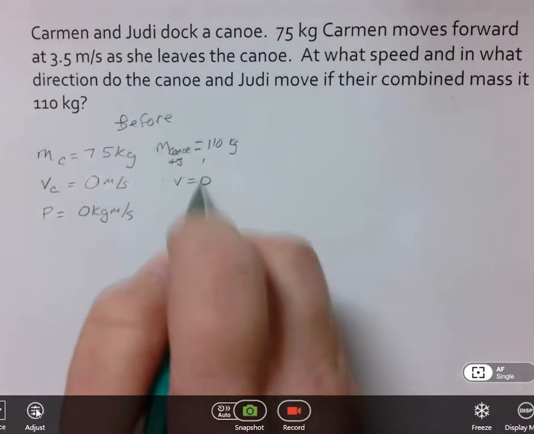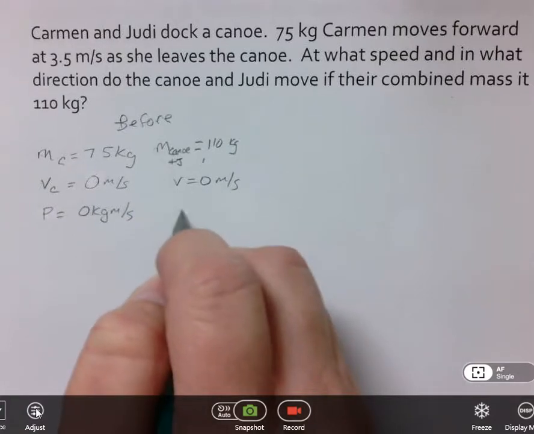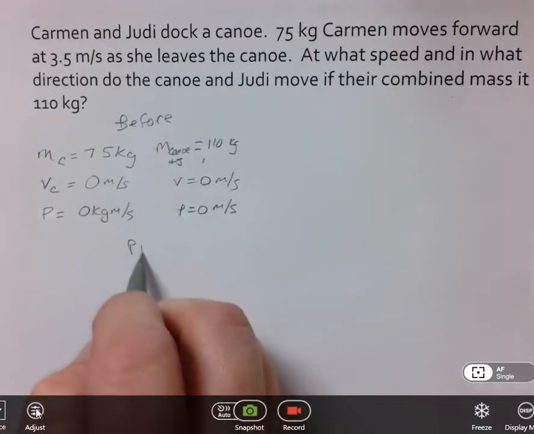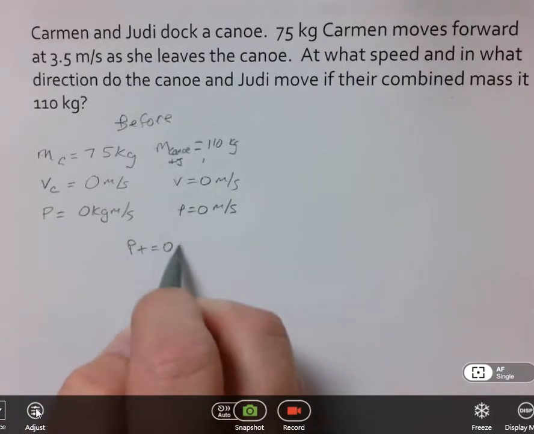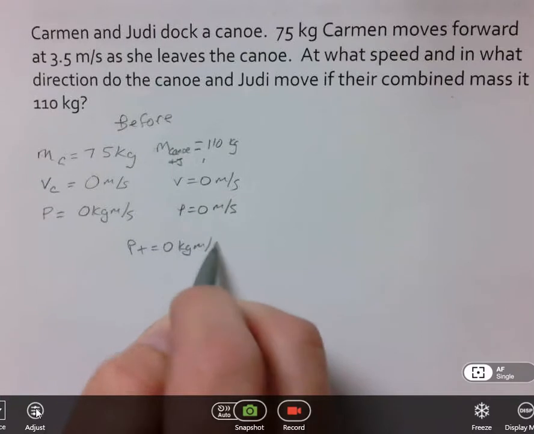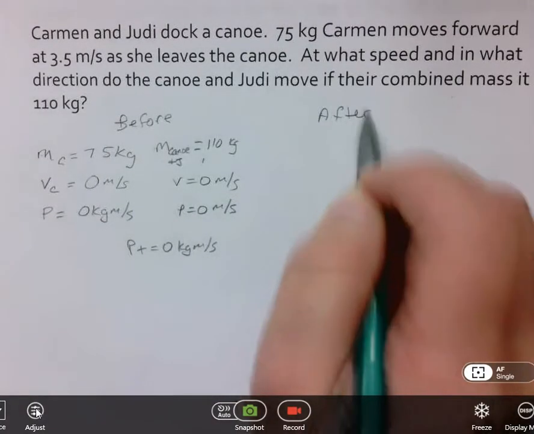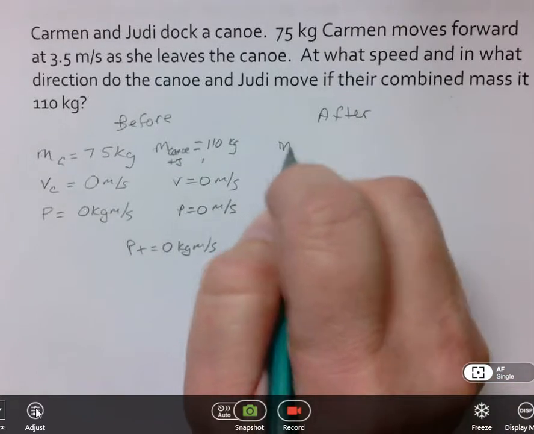Velocity is 0. Momentum is 0. So our P total over here is going to be 0. So then in our after, our masses stay the same.